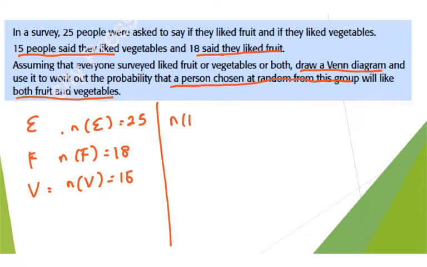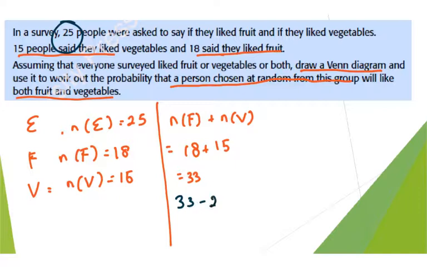The number of people who like fruit plus the number who like vegetables is 18 plus 15, the total is 33. But the total number of people surveyed is only 25. So in order to calculate the people who like both fruit and vegetables, you take 33, deduct the 25 people surveyed, and you have the answer 8, which represents the number of people who like fruit and vegetables.